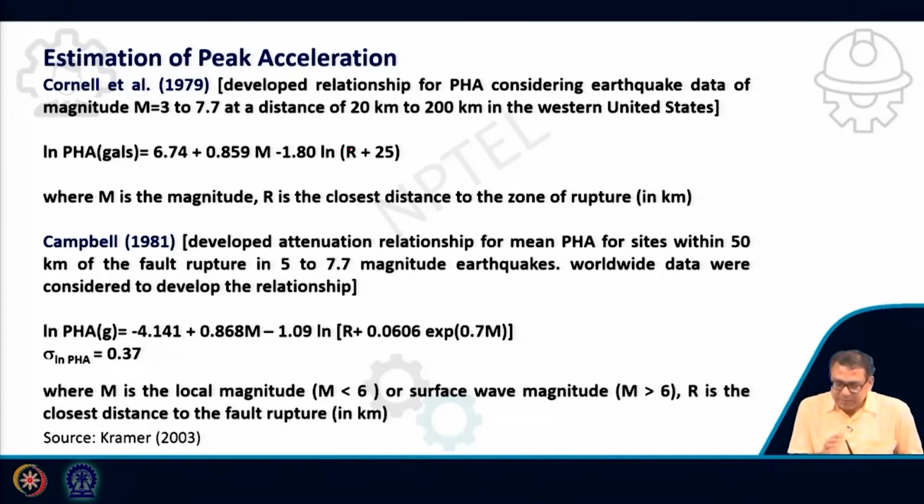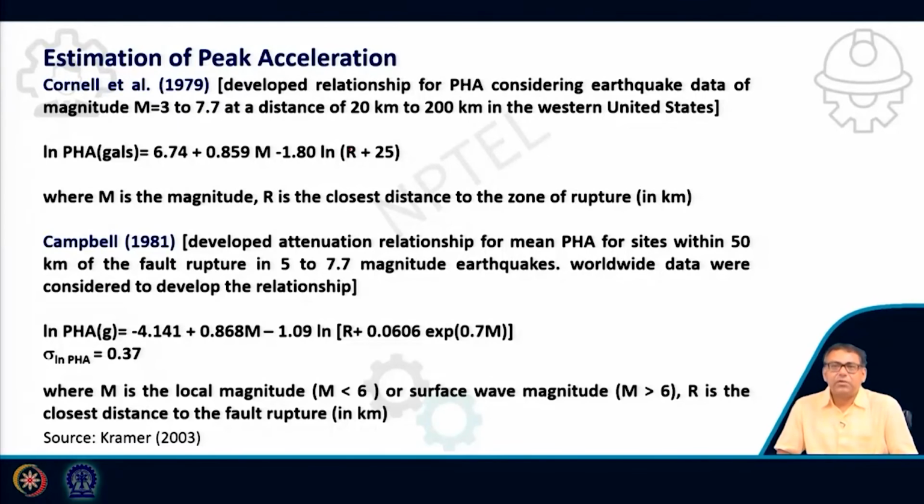But remember that these data are site specific. It is for the Western United States only. Suppose you are designing anything for a particular location; you should use the data of that particular location where you want to estimate the PHA, if you have those data.